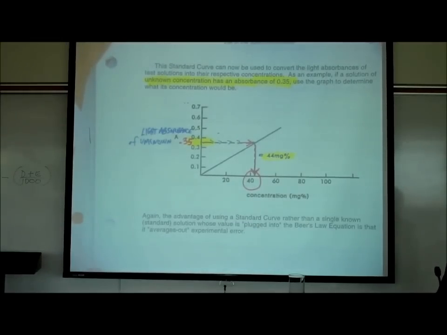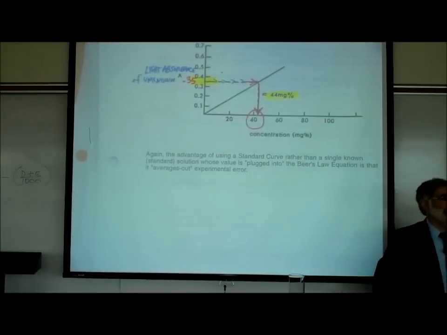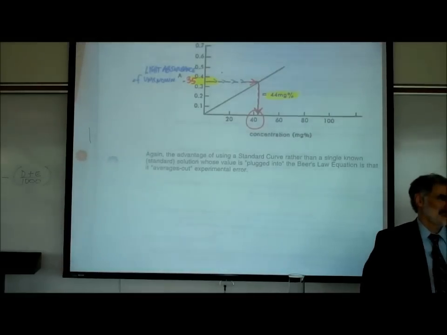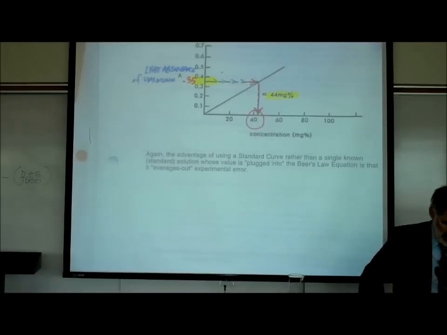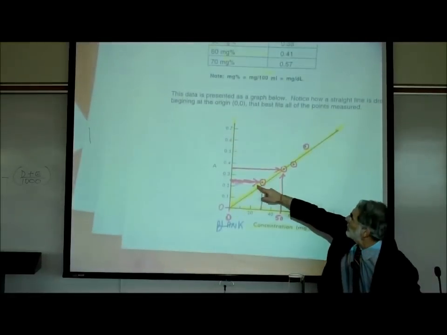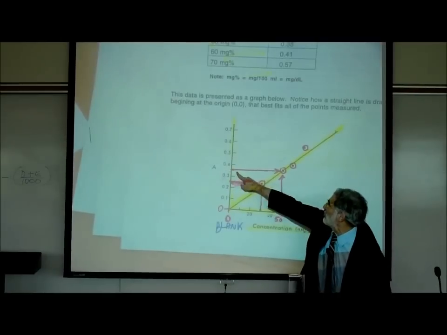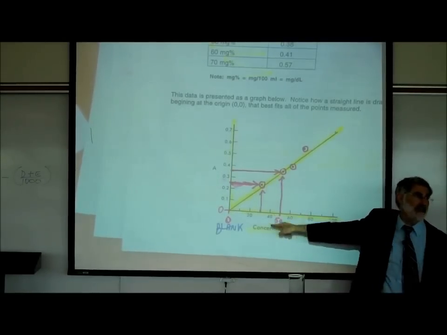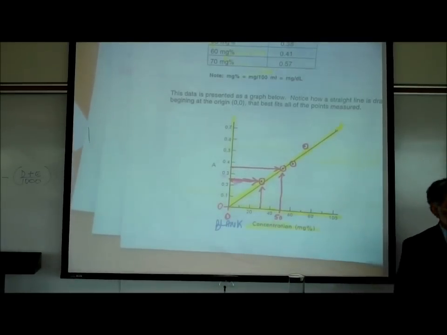So this is how it's done. Most of you had to do this in a chemistry course. The linear line that you draw is based on the glucose and all this data. This graph is the same as what was drawn on this page here. You took this unknown, you had a light absorbance of 0.35, and you dropped it here and got 44 milligrams percent.